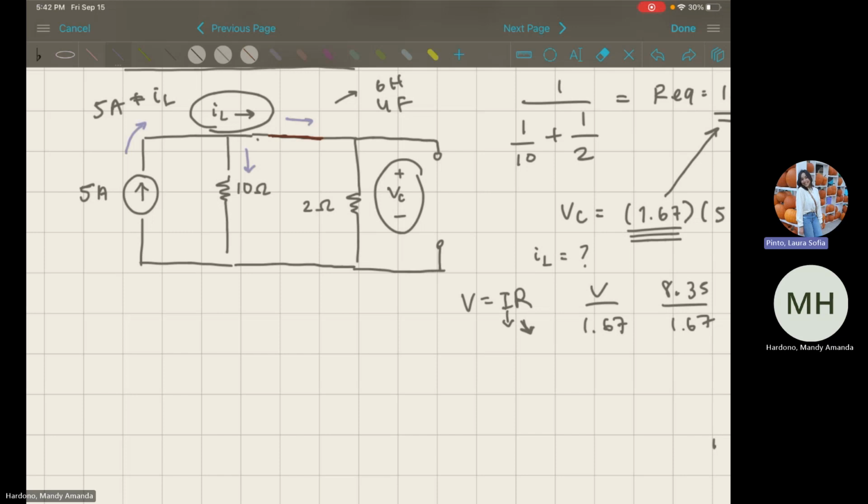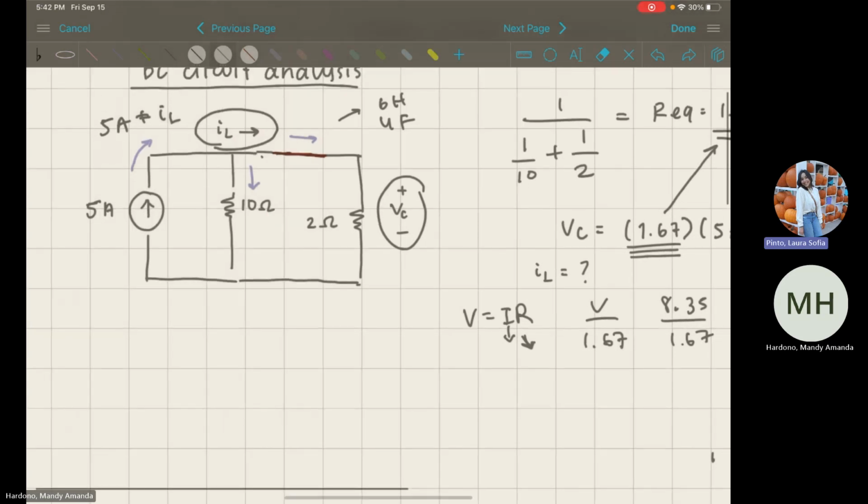I don't remember the actual term. Kirchhoff's current law, that's the law I was thinking of. Yeah, for currents.